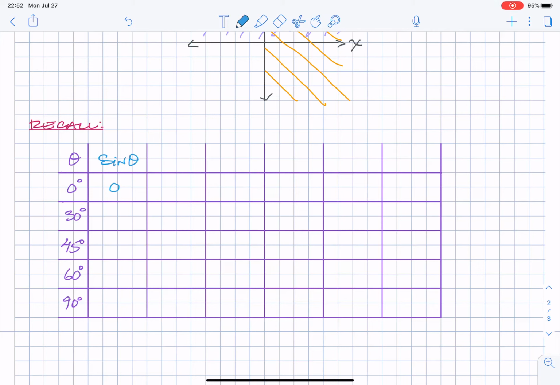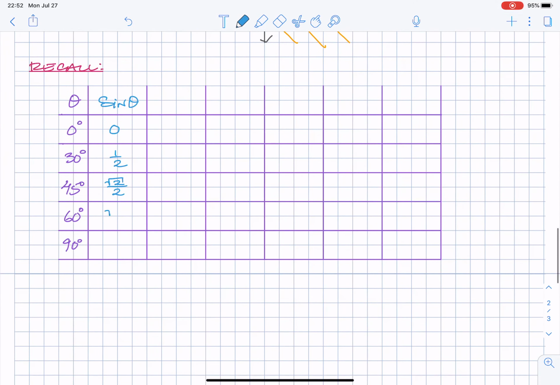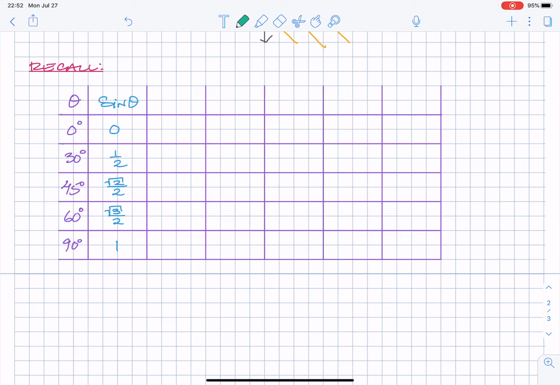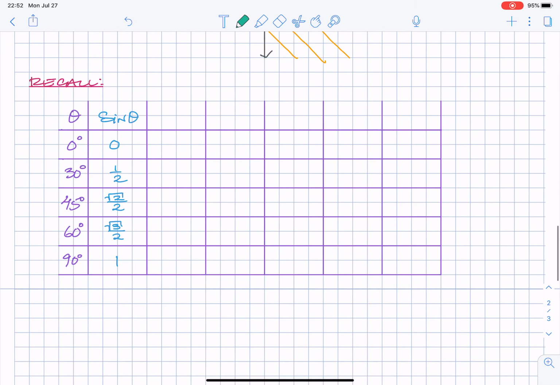Sine of 30 degrees was 1/2. Sine of 45 degrees was the square root of 2 over 2. Sine of 60 degrees was the square root of 3 over 2. And sine of 90 degrees was 1. Don't worry, you don't have to have that memorized just yet, but it would be nice. The sooner, the better, trust me.